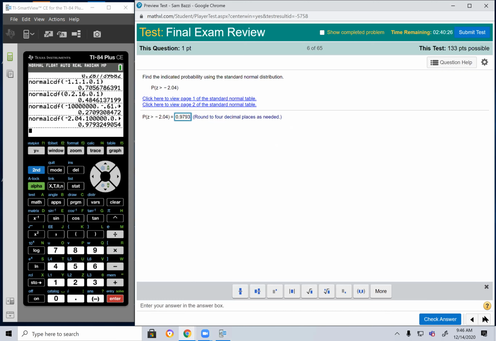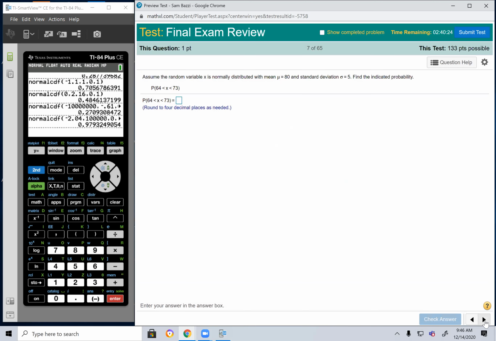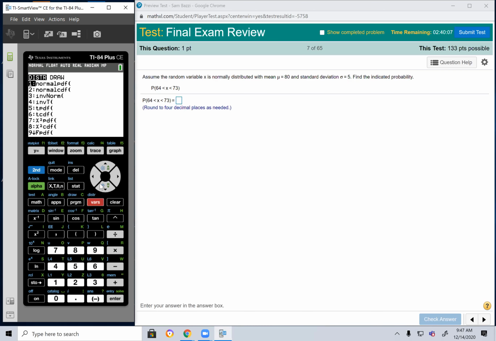If you like, guys, as I do this, if you want to just check the answers with me, that would be great. Now he wants a probability of X between 64 and 73. So the mean is not 0 and the standard deviation is not 1. He's going to give you the mean and the standard deviation. So you just go to second, distribute, normal CDF, 64, 73.